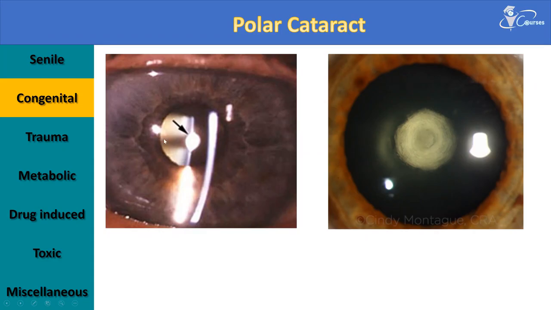The anterior polar tends to be small, bilateral, symmetrical, and non-progressive. So these opacities usually don't affect the vision. They can be congenital, sporadic, or inherited, autosomal dominant, and they can be associated with other congenital anomalies of the eye, such as microphthalmos and persistent pupillary membrane, and usually they do not require treatment.